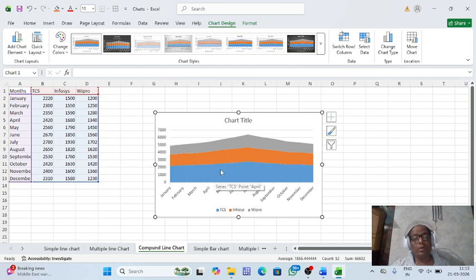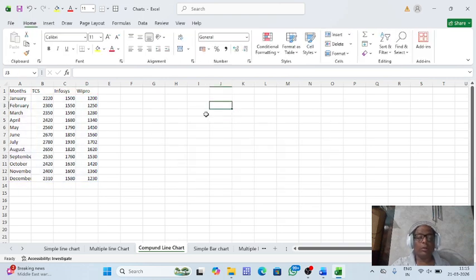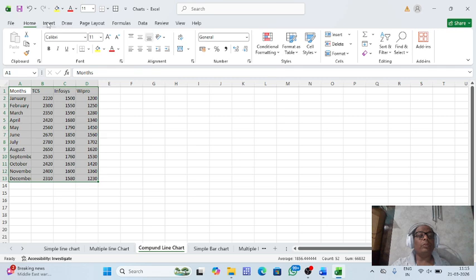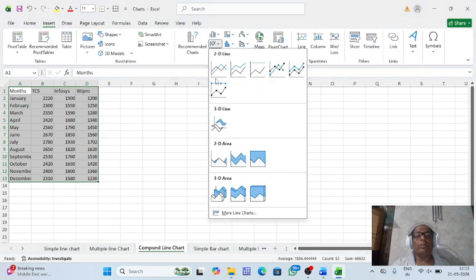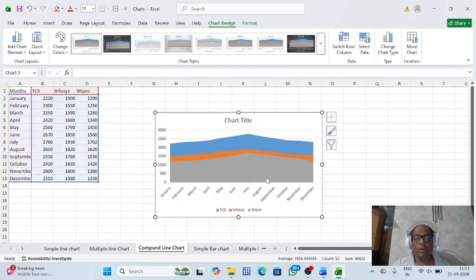How can it be? Again, Insert. Okay, this is the right one. So the blue one is TCS, Infosys is in orange color, and Wipro is this.